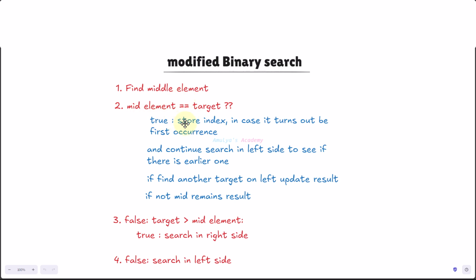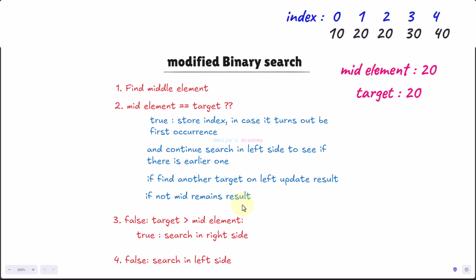If it is equal, then don't return the index like we do in normal binary search. Here, we need to store that index in case it turns out to be the first occurrence of that target element. And we need to continue the search in the left side to see if there is an earlier one. If we find another target on the left, update the result. If not, mid remains the result.